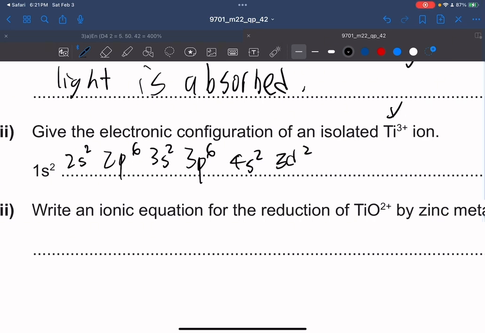But what we have to remember is that when Ti becomes Ti3 plus, it means it loses 3 electrons, and we have to remember always the transition metals lose from 4s2 because it's in a higher energy level. So this gets removed first, and then we take 1 electron from there. So the final electronic configuration is going to be that.